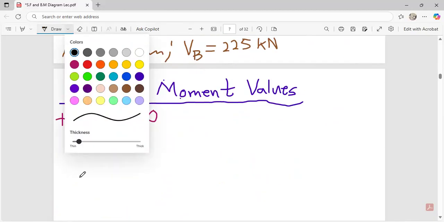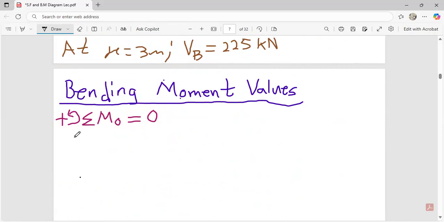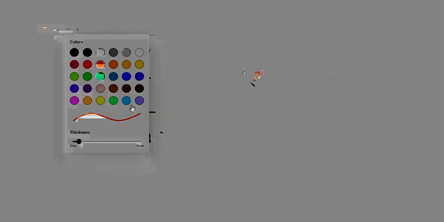So the first moment you are going to take will be negative. It's going to be clockwise. It's going to be 225 times X, because if you stand over here and you open your compass to here and you follow this direction, it's going to take a clockwise moment.